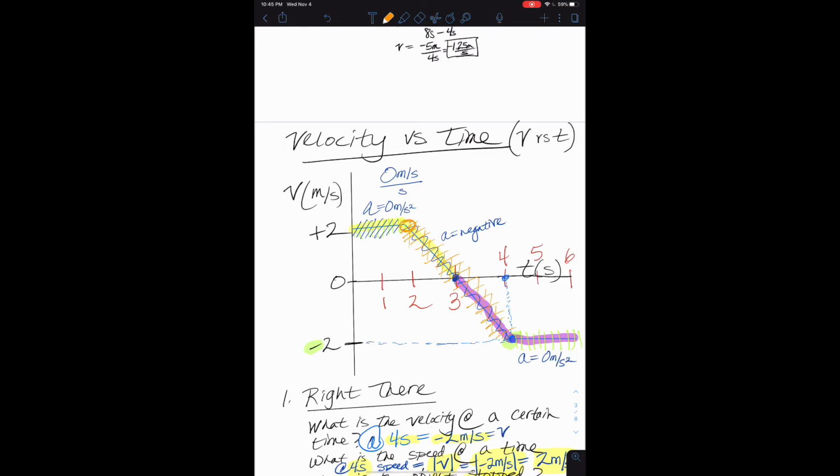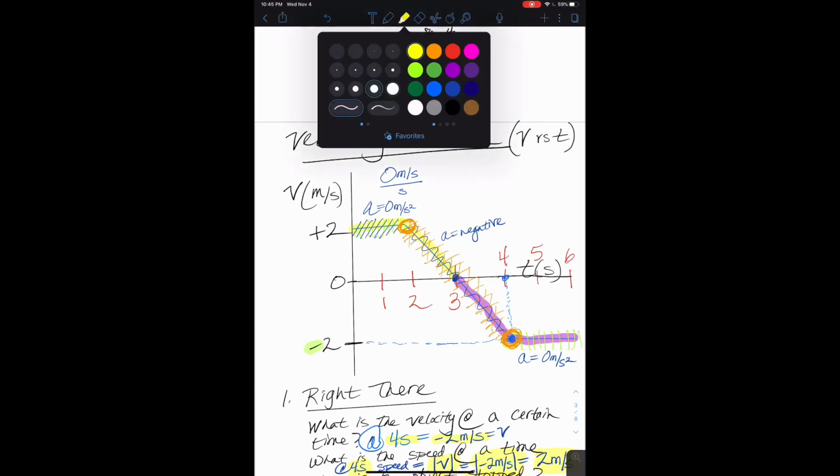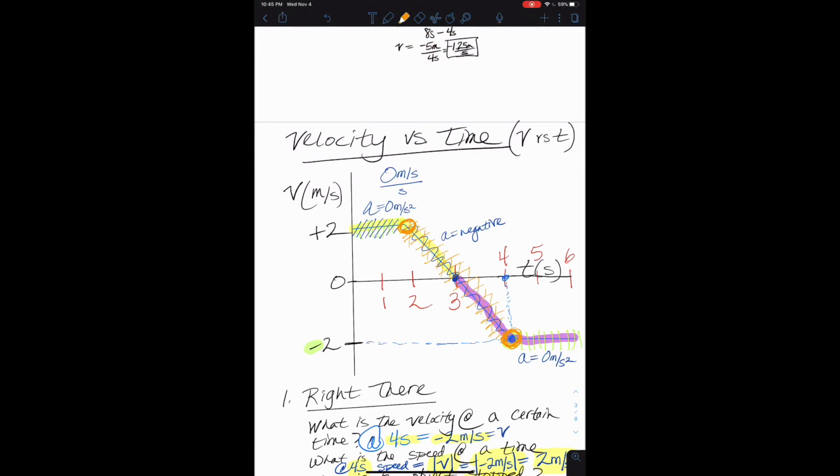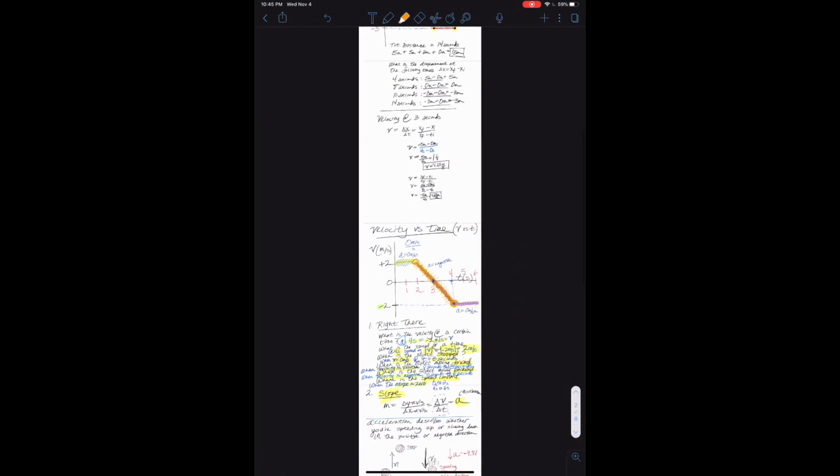I'm going to pick this point right here at 2, 2. I'm going to pick this point at 4, -2. I'm going to pick those 2 endpoints because what I'm looking for is 3 seconds. I want the slope. So anywhere on this orange area I'm highlighting, I can pick any 2 points, but because 3 seconds falls on that segment.